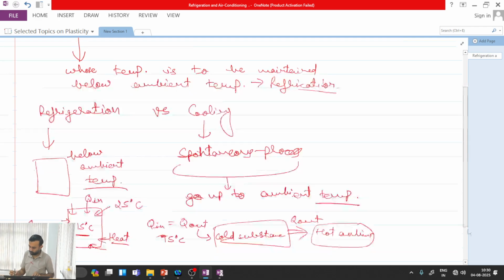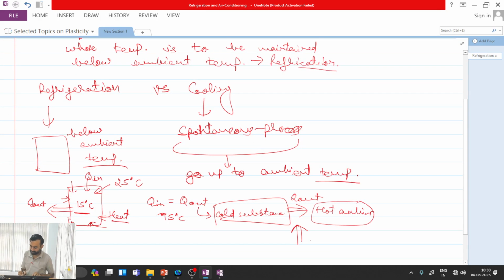To do this process, one has to supply a certain amount of work. This is not possible spontaneously. Heat cannot spontaneously transfer from low temperature to high temperature. So basically this is nothing but refrigeration.